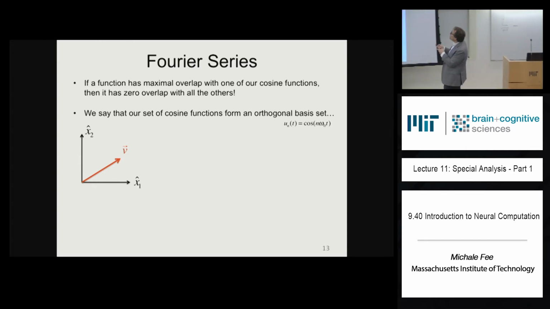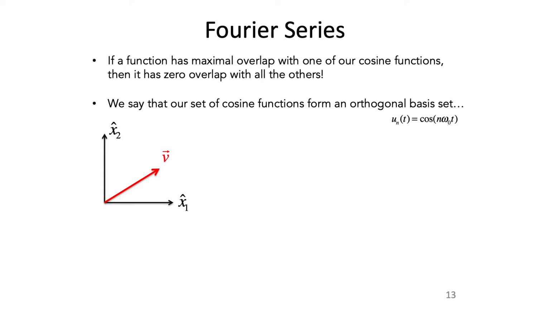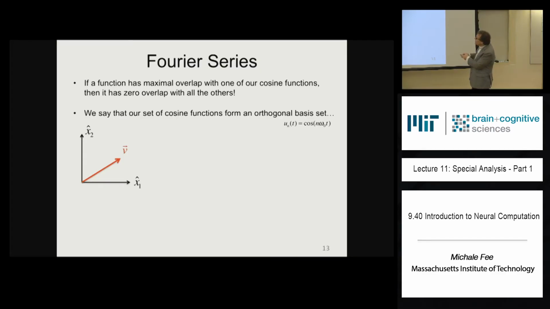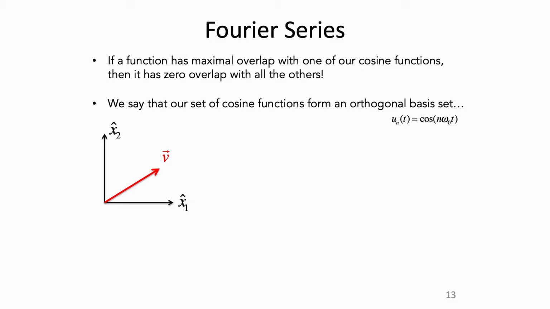So each of those functions, cosine n omega t, is like a vector in a basis set. Our signal is like a vector. And when we're doing these projections, we're simply computing the projection of that vector, our signal, onto these different basis functions, these different basis vectors.